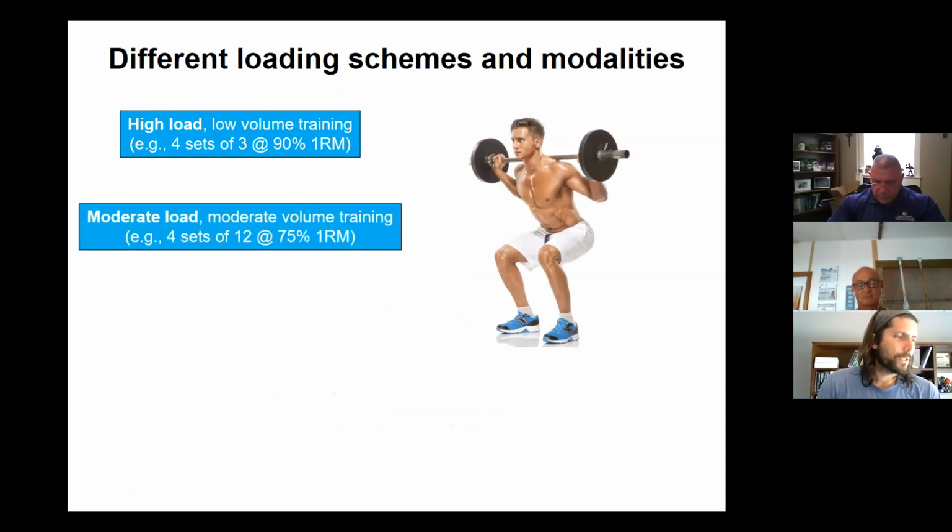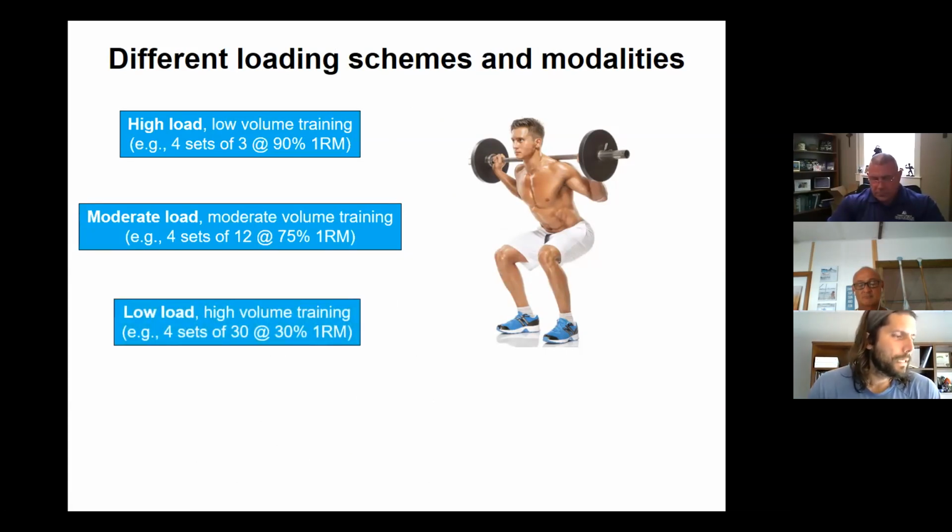I define moderate load as something like 4 sets of 12 at 75% 1RM. And low load, very high volume training would be something to the tune of 4 sets of 30 repetitions at 30% 1RM, right?